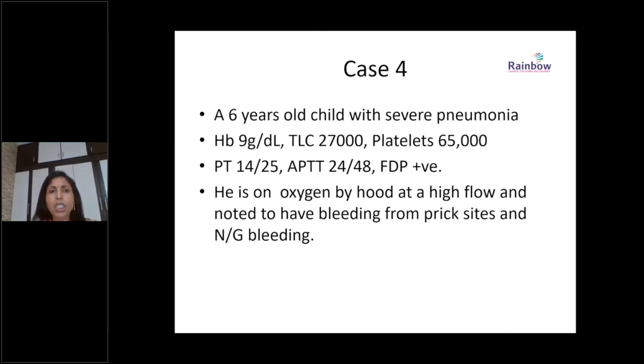He is on oxygen, and of course he is bleeding from the prick sites, along with NG bleeding. So here we know that the blood product need is FFP, because your PT APTT are deranged, whereas platelets are above 50,000 and hemoglobin is above 8-9. So in this situation, there is no role of PRBC or platelets, but there is a role of FFP.